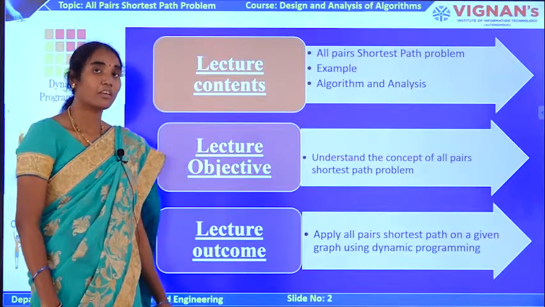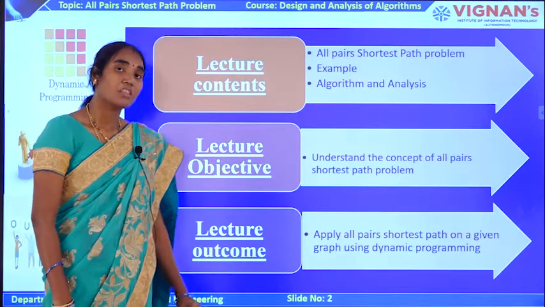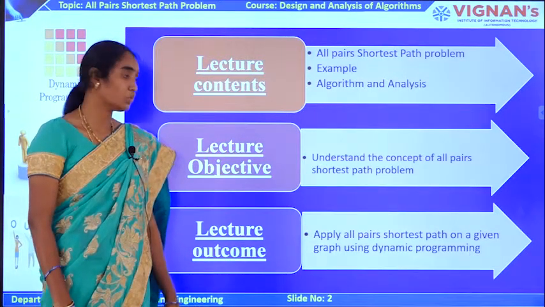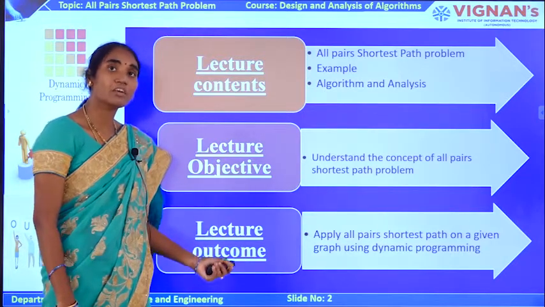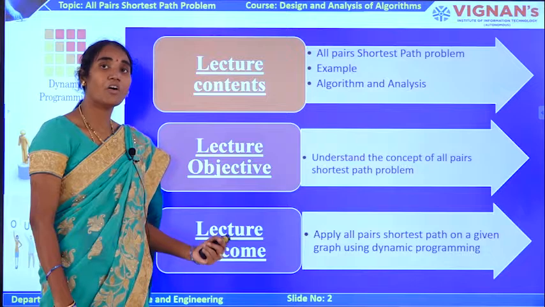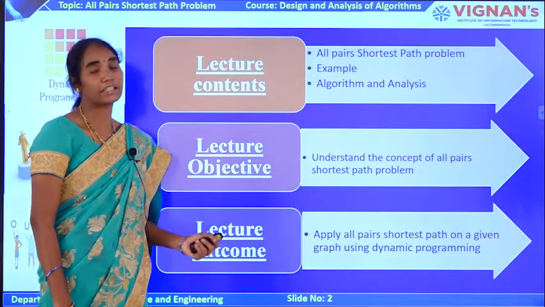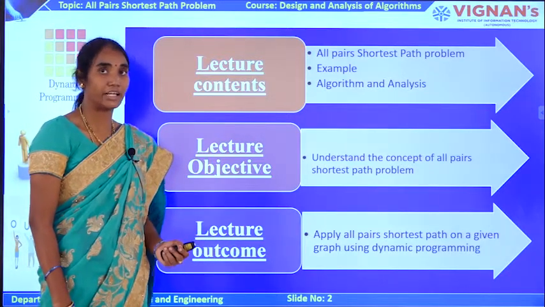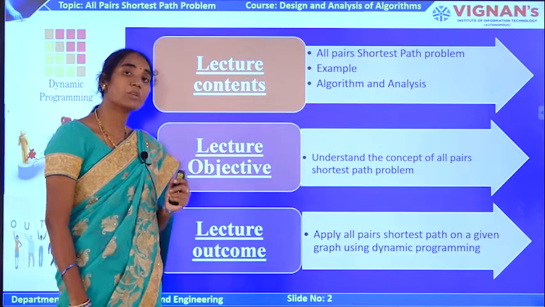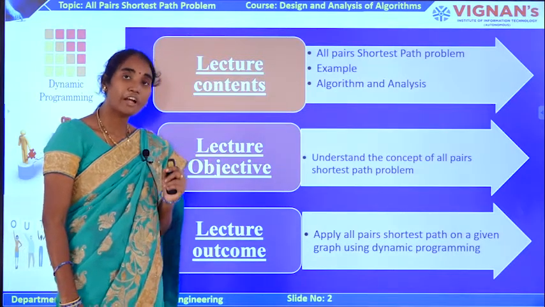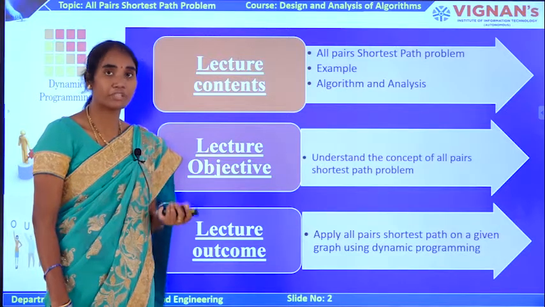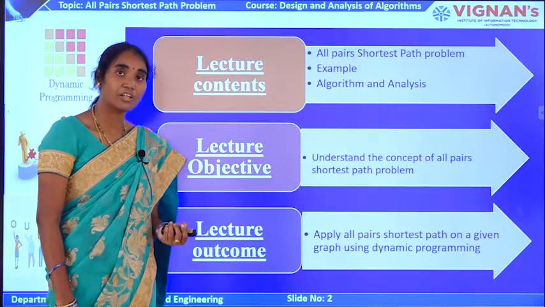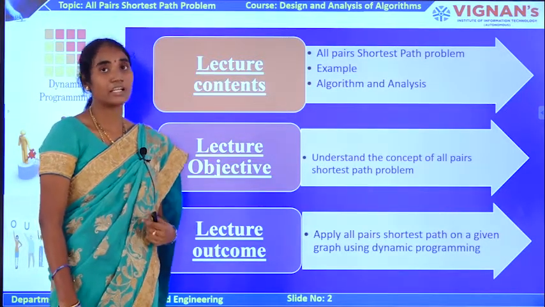And coming to the outcome, the students are able to learn how to apply the APSP problem on a given graph, that too a directed graph. That is, the students are able to find the shortest distance between each and every vertex in the given graph by means of today's lecture.